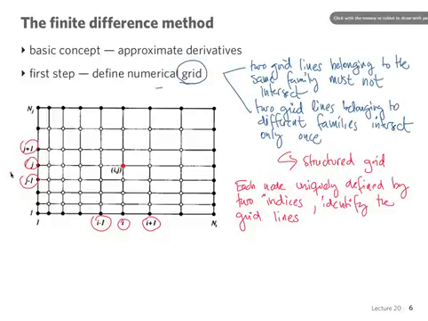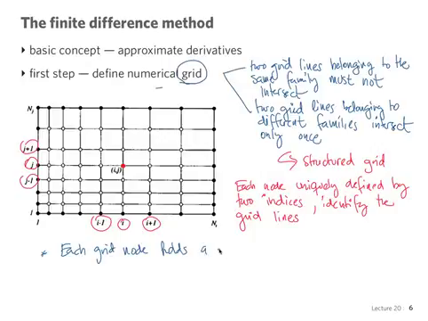So what we're going to have to solve a differential equation on the grid is that there's going to be an unknown value of all of our field quantities like velocity and pressure per grid node. So each grid node holds a value of the unknowns.